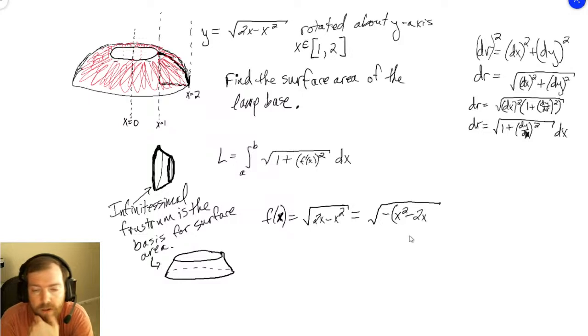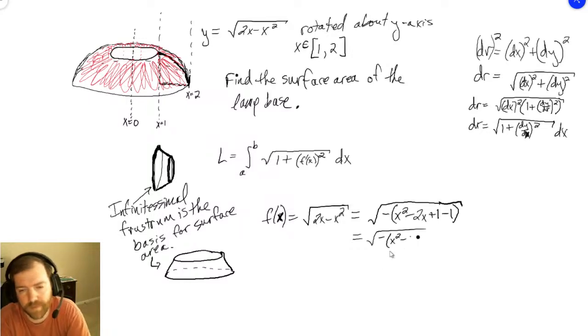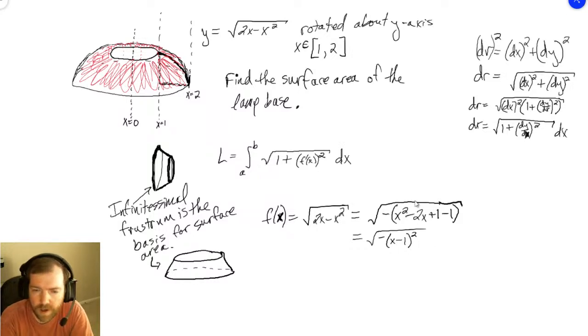So if I do a +1 minus 1, we're going to get a negative here, and then this is going to be x squared minus, nope, whoa, x minus 1, parentheses squared. And then this minus 1 here is going to have a negative applied to it, so it's going to be plus 1.